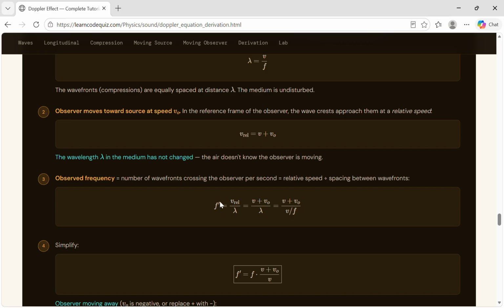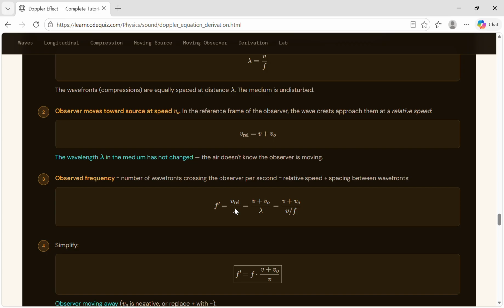So the question is, what's the relative velocity? When you are going towards the source, you are chasing the cars. You are chasing the cars means you are going to see the cars coming faster towards you.